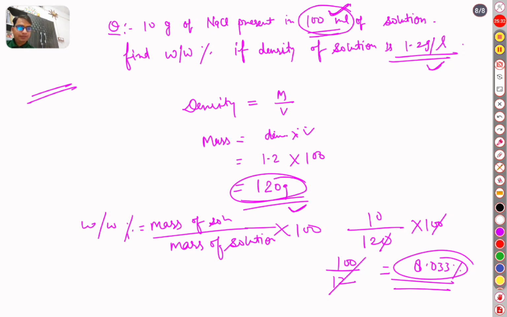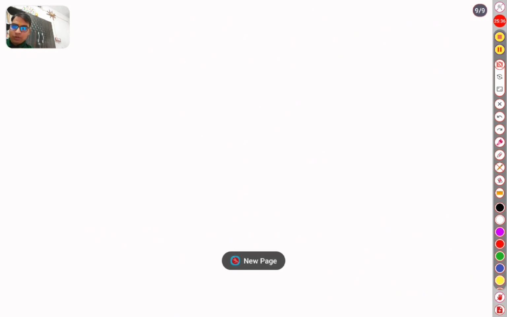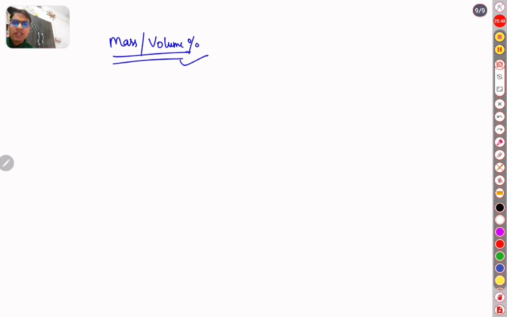Mass by volume percentage, or weight by volume percentage. Same thing. So how can we find out the mass by volume percentage?